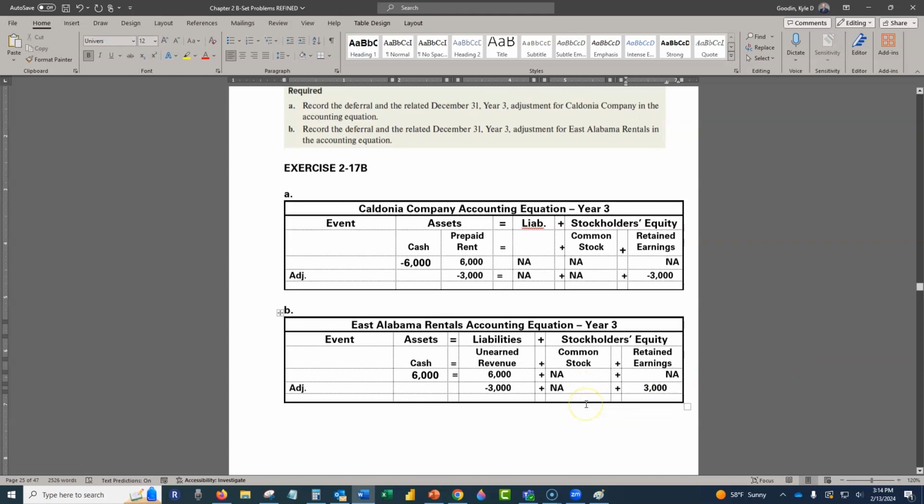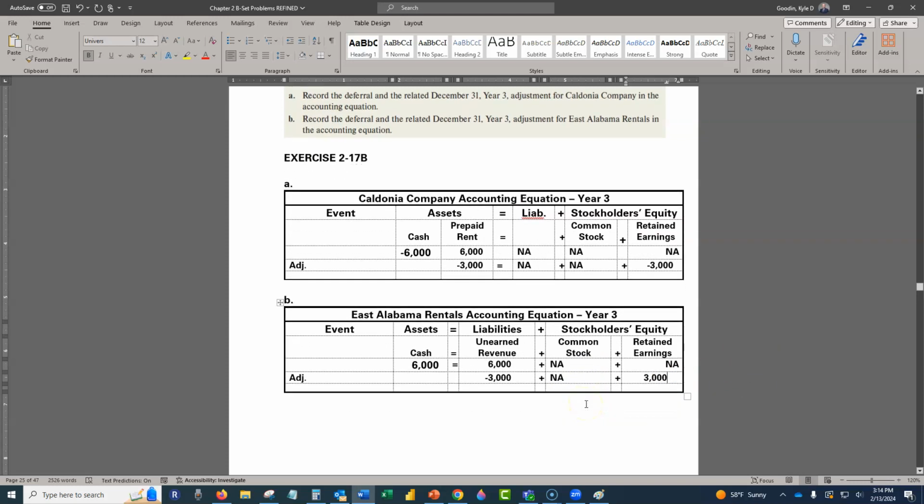So just a quick look at both sides of that. What's happening for both of the companies? Typically, we're just going to look at this company. Typically, we're going to be the company making the purchase, buying the prepaid rent. But on occasion, you will have to recognize that you will sometimes be the company providing the rent. So just a way to look at both of these and see how they differ.